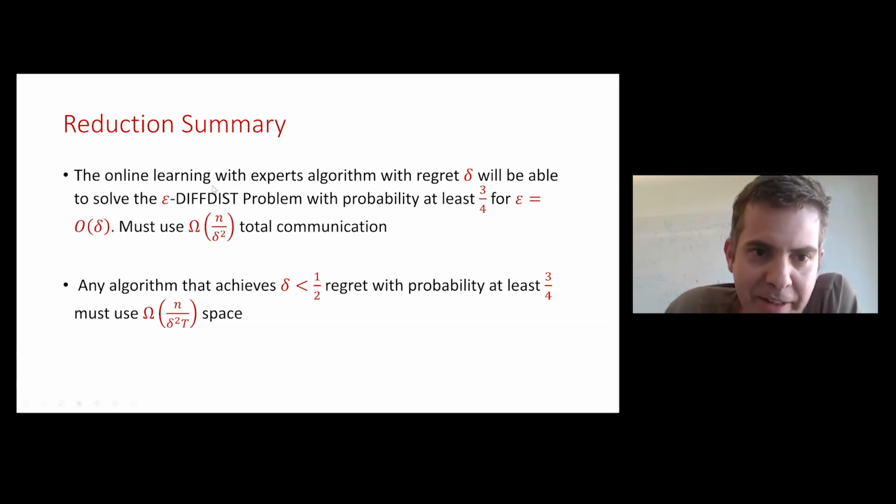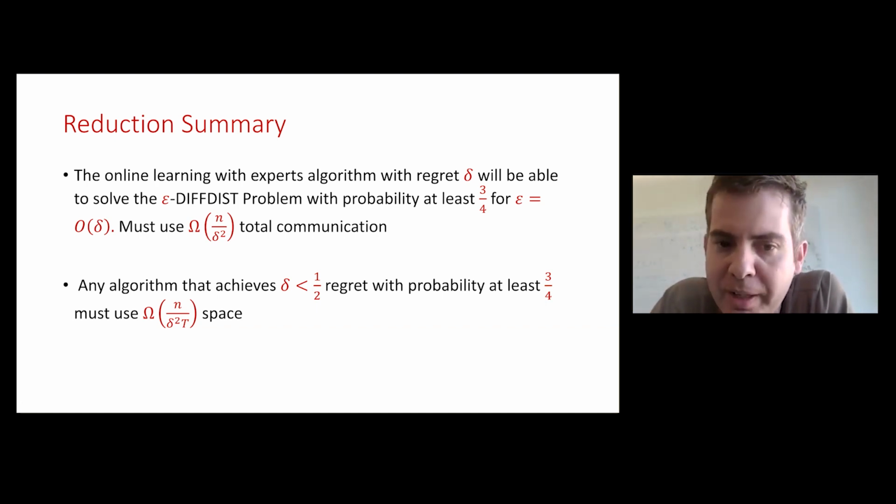The first bullet is just saying that the online learning algorithm with regret delta can solve this epsilon diff-dis communication problem, with epsilon in that problem being order delta, and so therefore it must use n over delta squared total communication across the days. What does that mean?